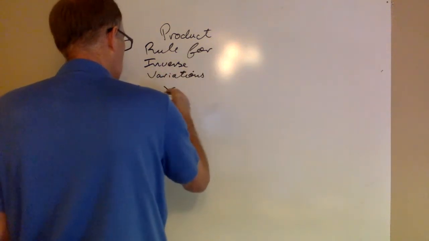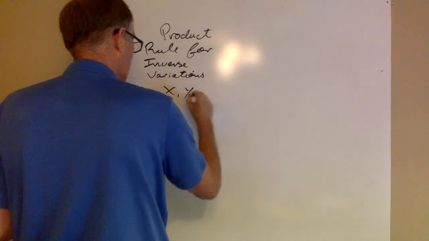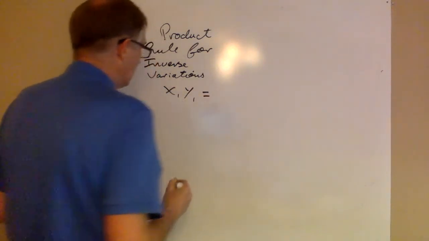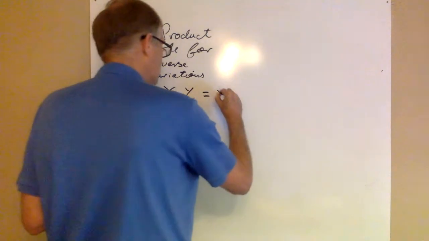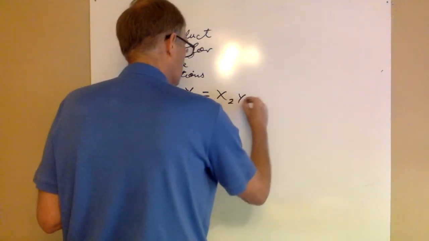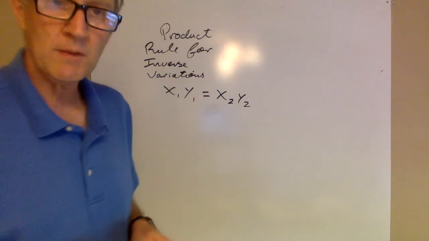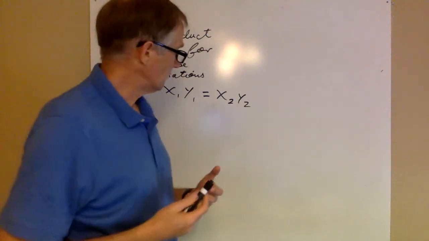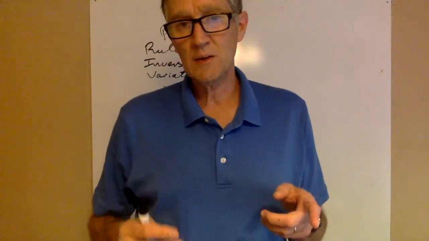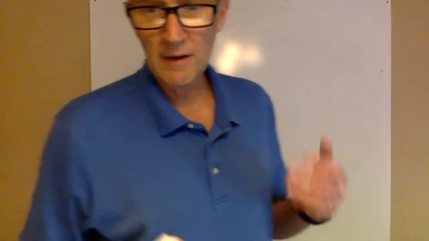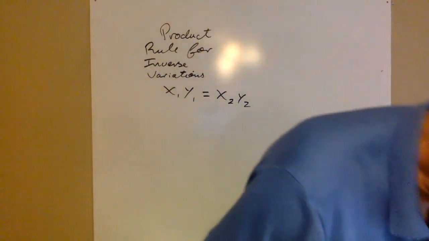It is simply that you know that x times y equals a constant. That means that x times y for one data point in the function must equal x times y for another data point in the function, because they all equal the same value. That's what in the very first example, 1 times 16 equals 2 times 8 equals 4 times 4. They all equal, in that case, 16.